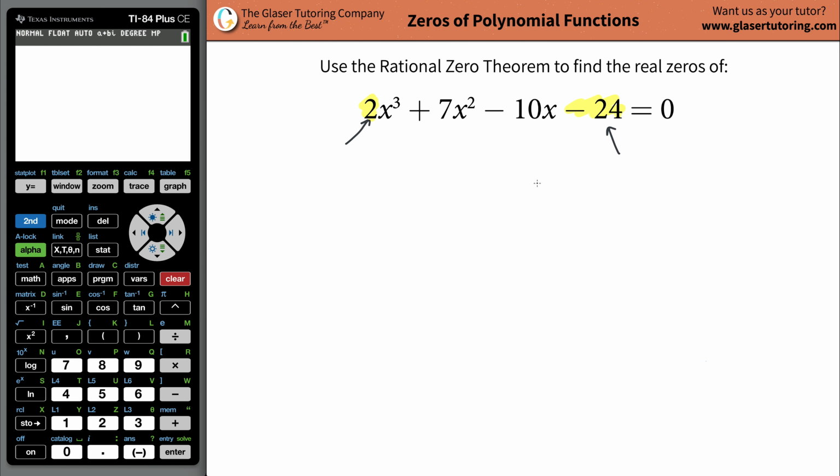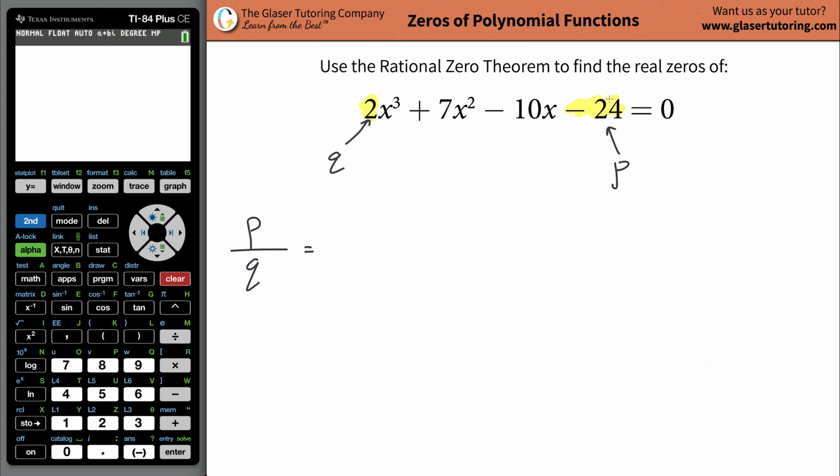They call this the p-value. The factors of 24 will represent p, and the factors of your 2, the leading coefficient, will represent q. To find your rational zeros, you take p, the factors of your constant, and divide it by the factors of the leading coefficient.